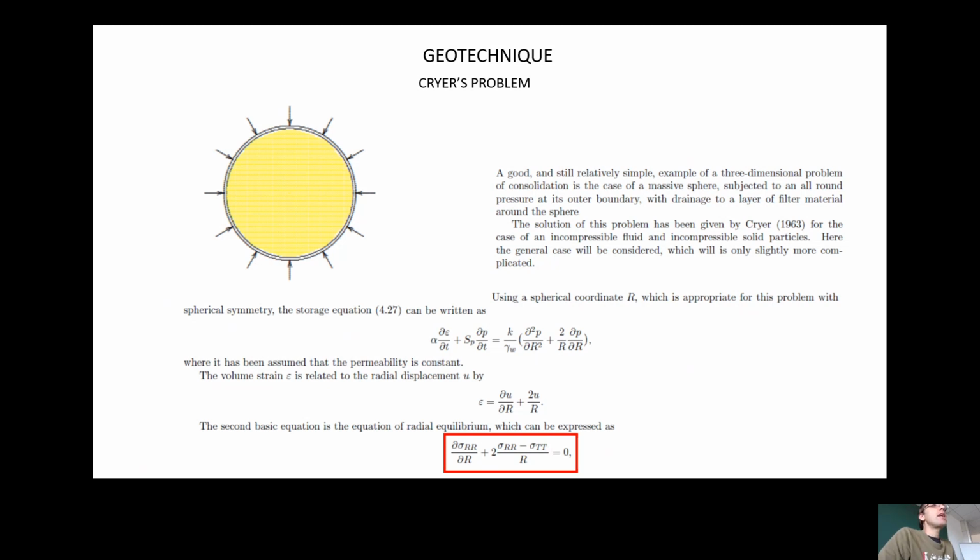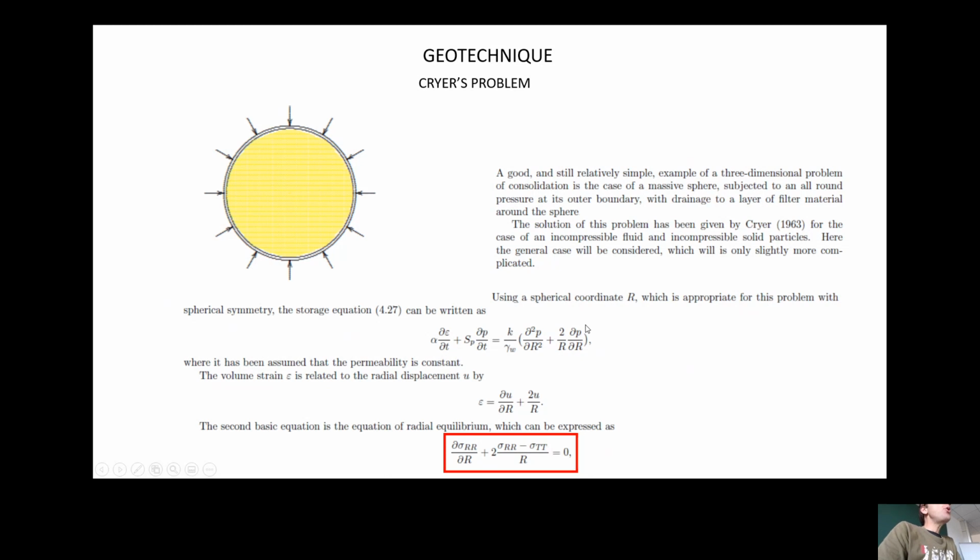Using the spherical coordinate R, which is appropriate for this problem with spherical symmetry, the storage equation can be rewritten with this formulation.